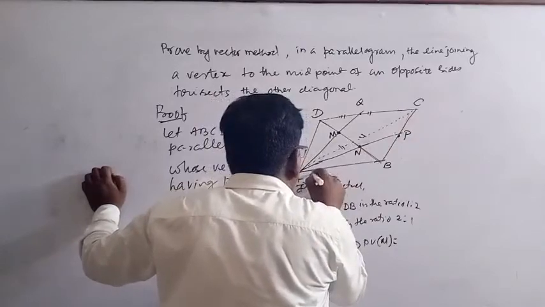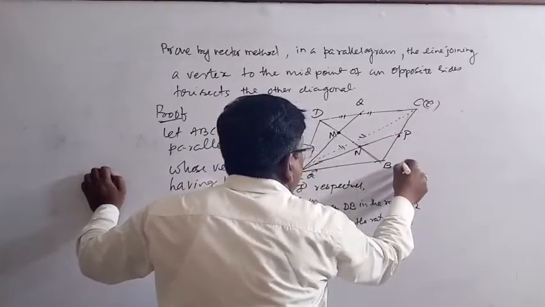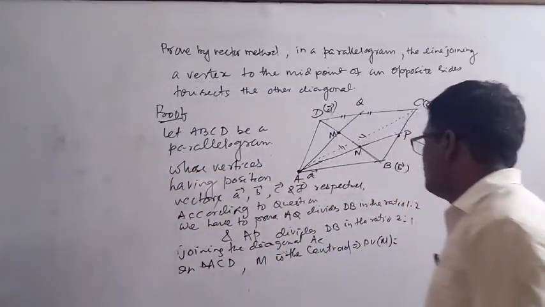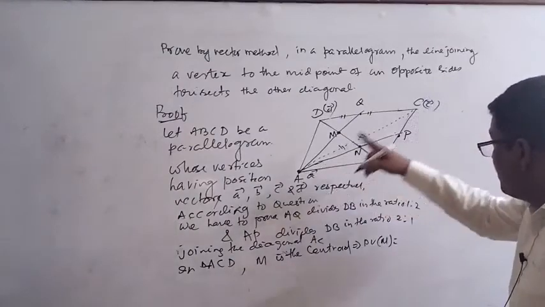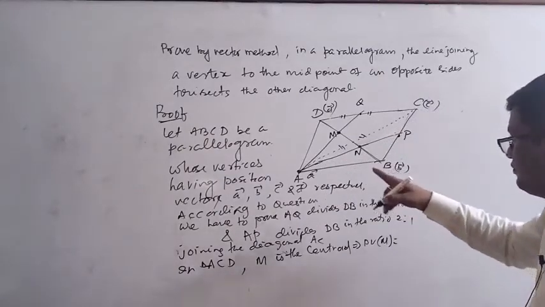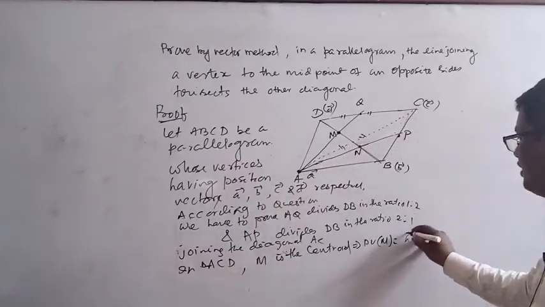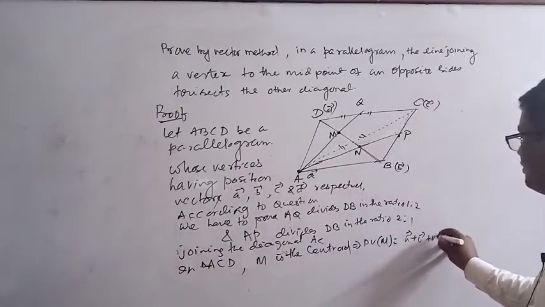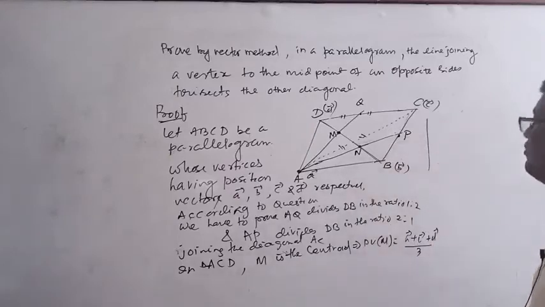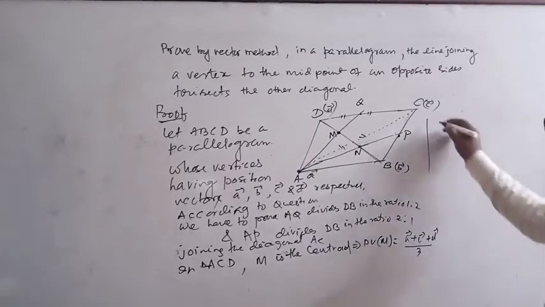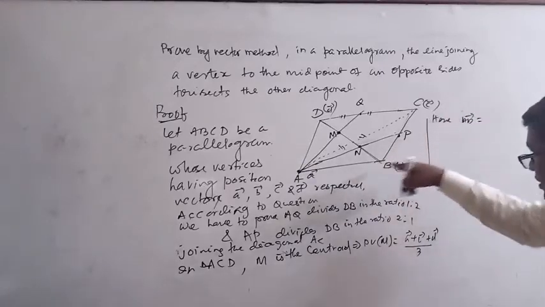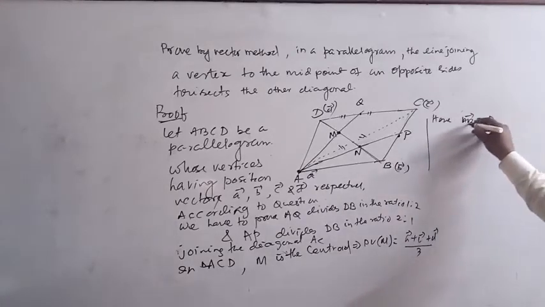This is vector A, this is vector C, this is vector B and this is vector D. Side work here: AB is equal to DC.